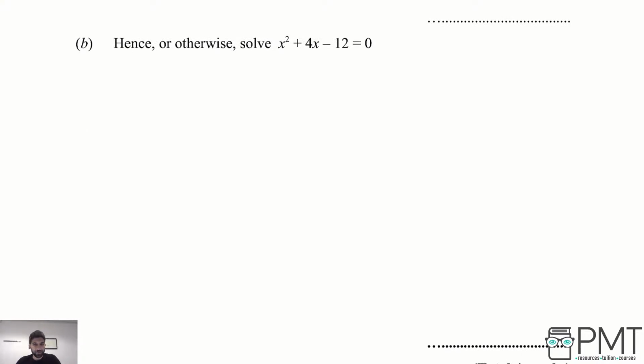Once we completed the square, instead of this, we can write (x plus 2) squared minus 16 is equal to 0. So how do we solve from this? What do you suggest I should do to solve this one? Let me check the 40, 20.